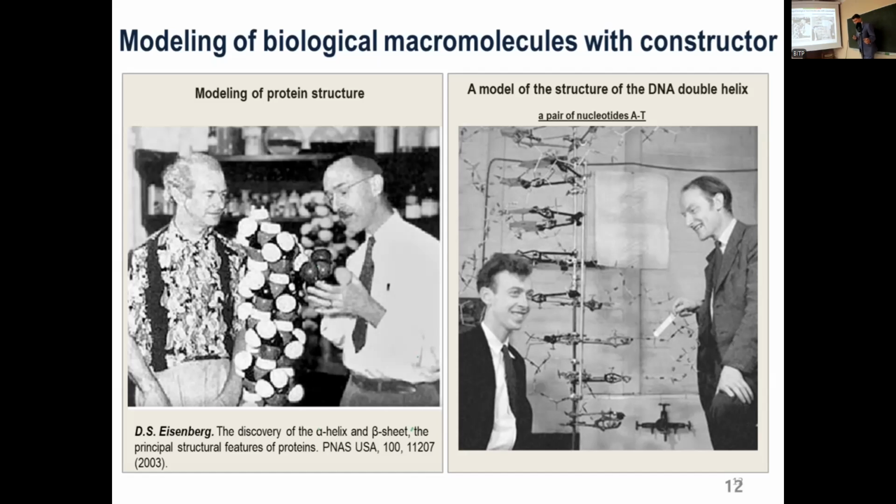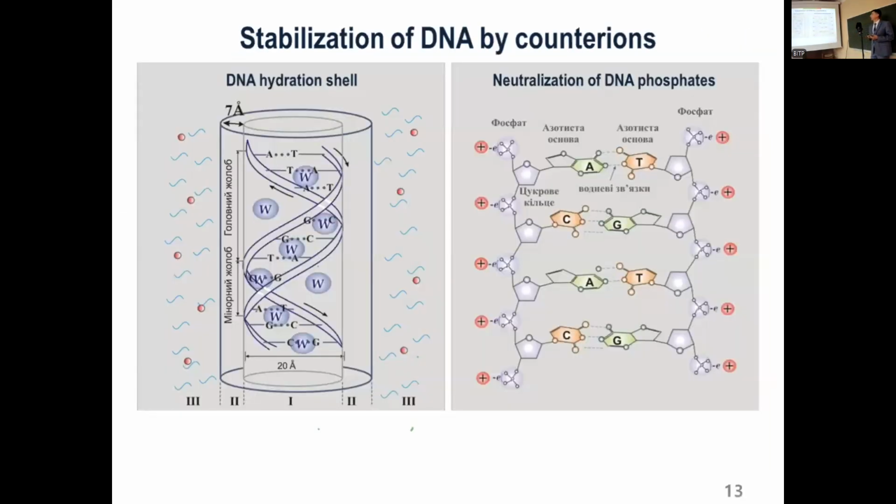And of course, now we use computers, but at that time it was the only way to model such big systems. And what is very important is that we also need to take into account the environment. In the case of DNA, the environment is extremely important because it stabilizes the structure of the double helix.